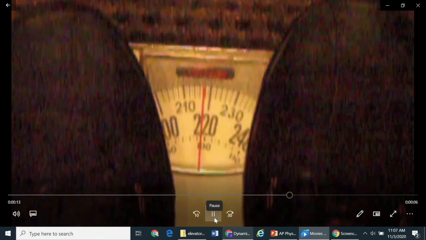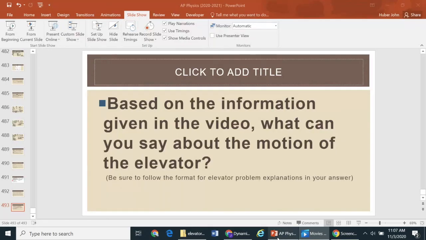I want you to watch right here. So, not moving. Moving. One more time. The elevator here is not moving. And then it moves. That's all you need to know.